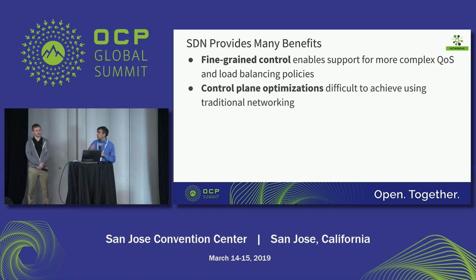This is an important point, control plane optimizations. A disaggregated network has its advantages, and we still need protocols to talk to the different control elements. A centralized control plane gives the additional advantage that you can have an overall view of the network.